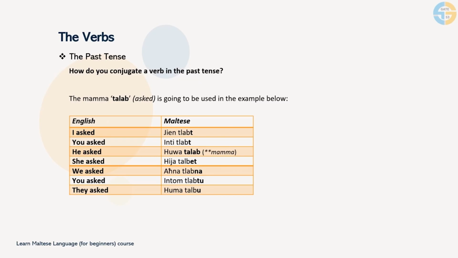Let's take now another example. The word we're going to use now is the mamma talab. So what did he do yesterday? He asked. So in Maltese we say xamel il-bieraħ talab. Talab. So talab is going to be used in the example below.